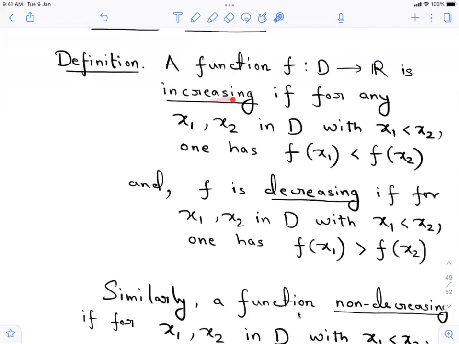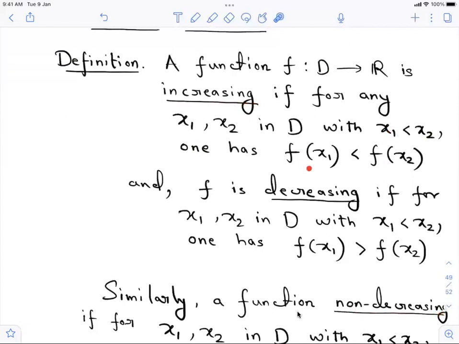So a function is increasing on a domain if, we're just trying to say it mathematically, if x1 is a point in the domain that lies to the left of x2, that means x1 is less than x2, then f(x1) is strictly less than f(x2). So I'm using increasing for strictly increasing functions, okay? And for functions that are not strictly increasing, I'm going to use the term non-decreasing here.